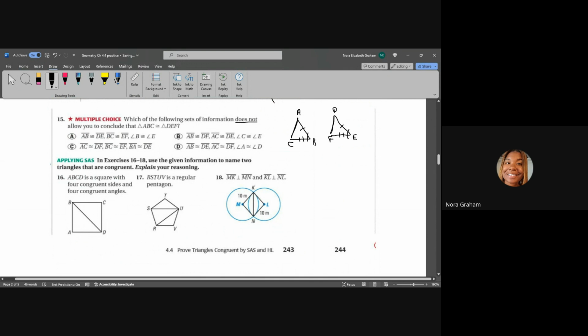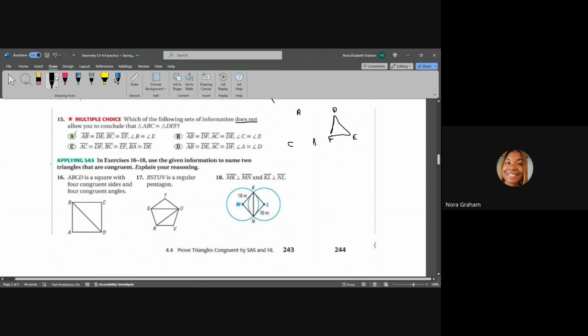That looks pretty right to me. It looks like we can use side angle side for that one. But remember, we're looking for ones that do not check off, okay? We're looking for ones where it is not the solution. So let's look at how B is now. Oops. Let me just get rid of these, sorry.